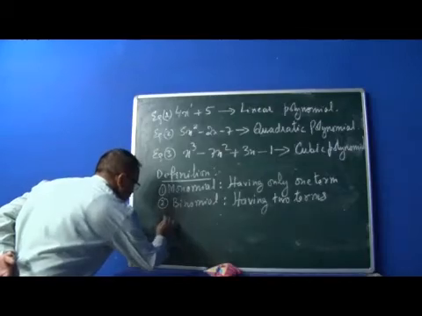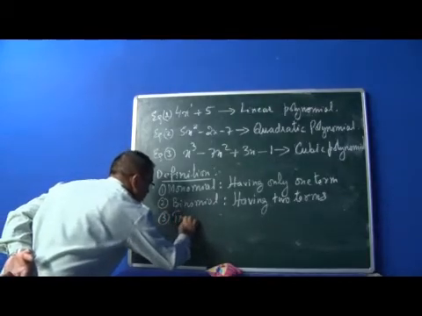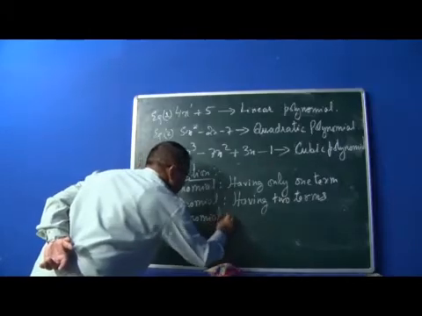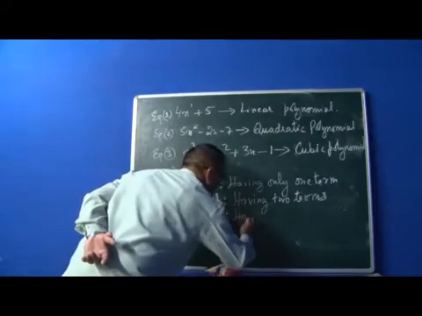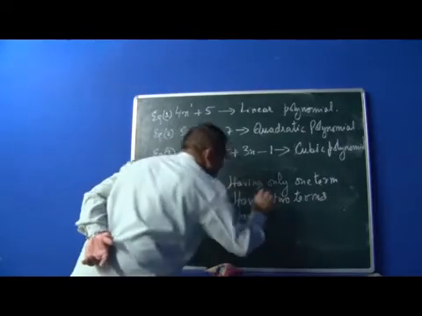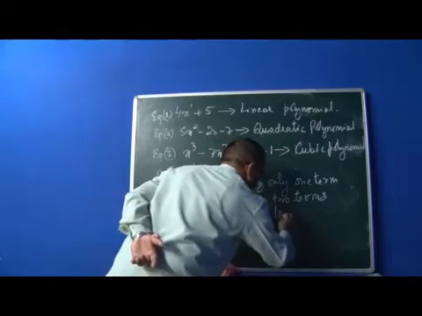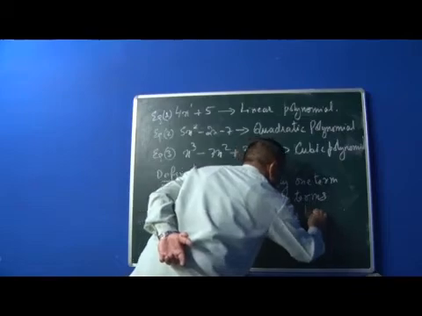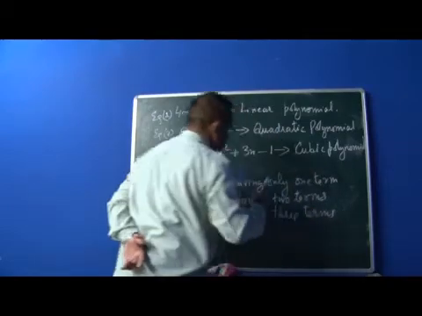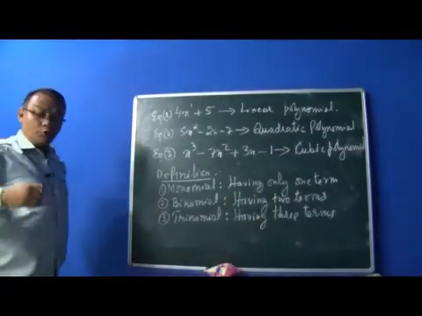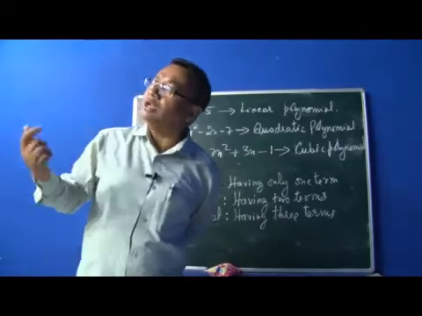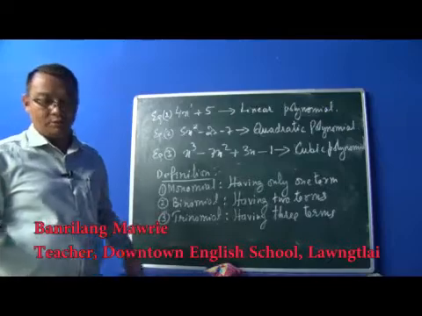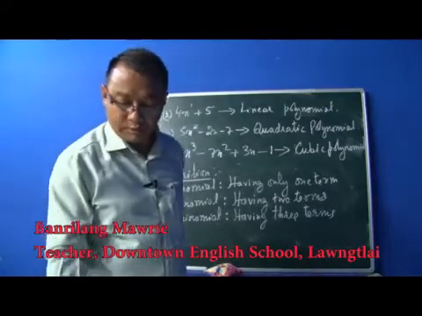Then when we skip some more, we deal with trinomial. This one is an expression having 3 terms. So on, so on. And when we go with an expression of more than 3 terms, we can say it simply, a polynomial. Okay, just point it out as a polynomial.